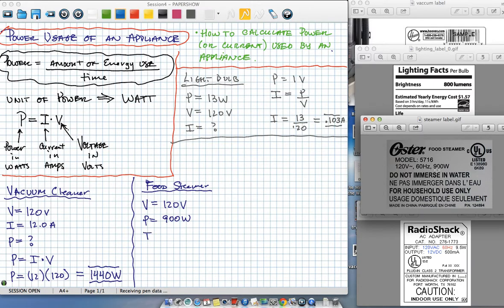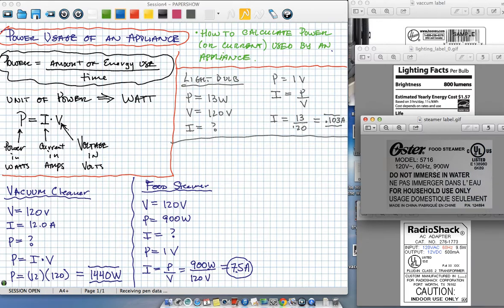So I guess we can calculate what the current is. P is equal to IV, or current is equal to P divided by V. So that'd be 900 watts divided by 120 volts. So 900 divided by 120 is equal to 7.5 amps.